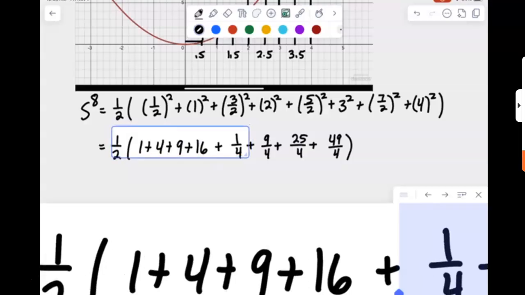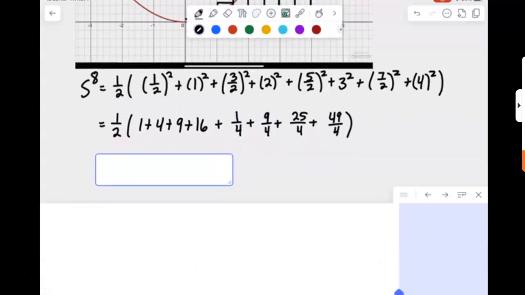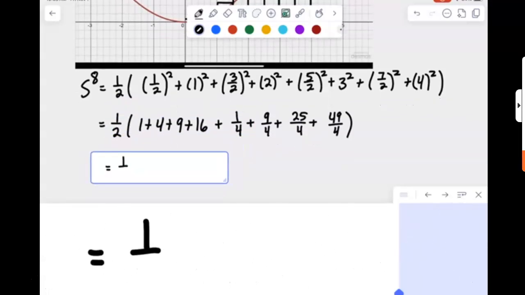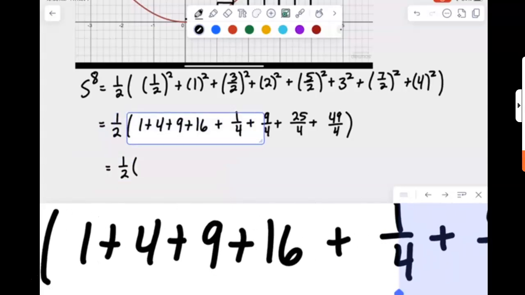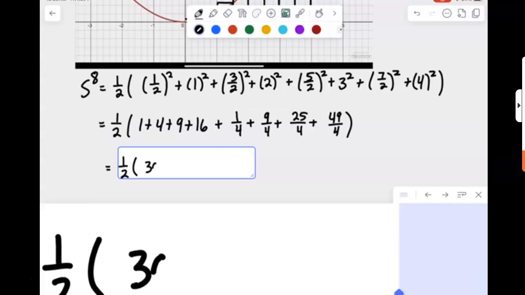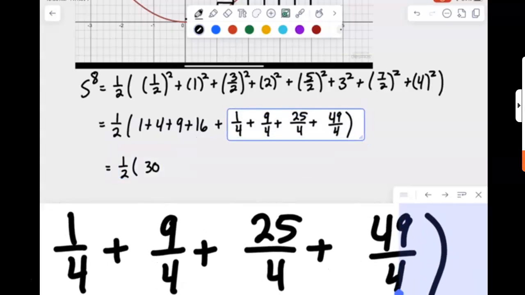Now, when you add all these up, we're going to have 1/2. 1 and 9 is 10, and 4 is 14, and 16 is 30. And what about these? Well, the good news is they all have a common denominator. So we just start adding them up. 1 and 9 is 10, and 25 is 35. And then we have 35 plus 49. 35 plus 49 will be 84.